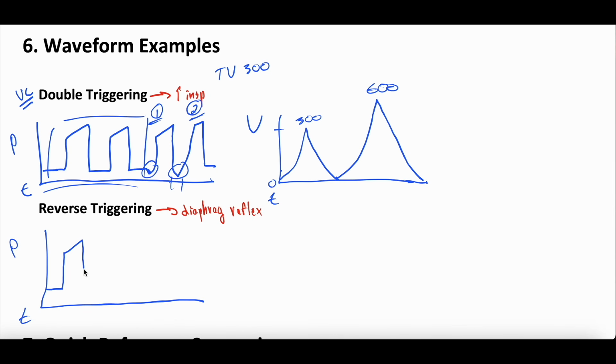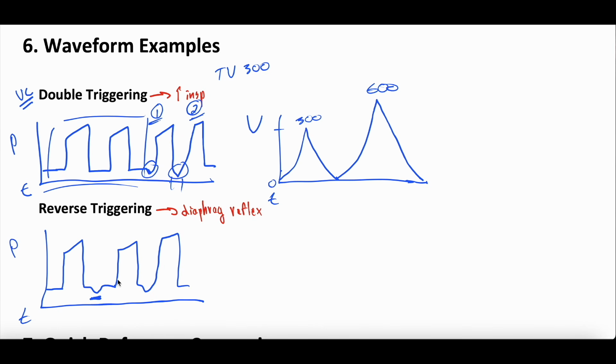Okay, but then when we come back down, you do see this downward deflection, and this is that diaphragmatic reflex that is causing the patient to kind of reflexively inhale in. And if it causes true kind of reverse triggering, where it triggers the ventilator, it'll look like this: passive breath, right, comes back down, and then you get this kind of diaphragmatic reflex, but that then triggers a second breath.